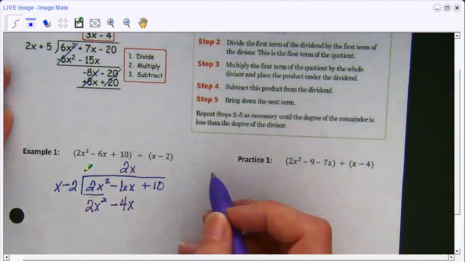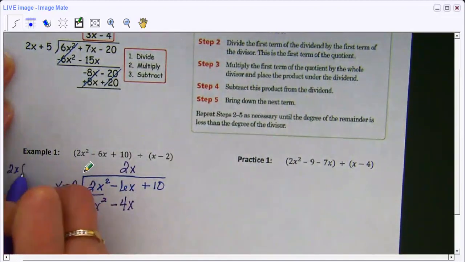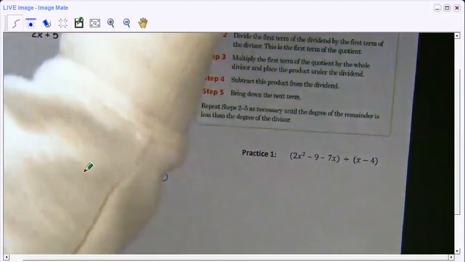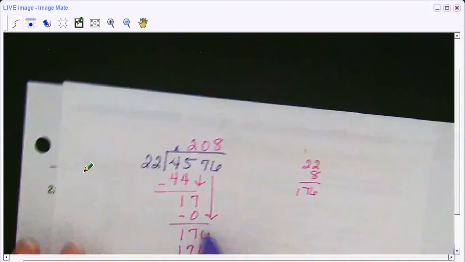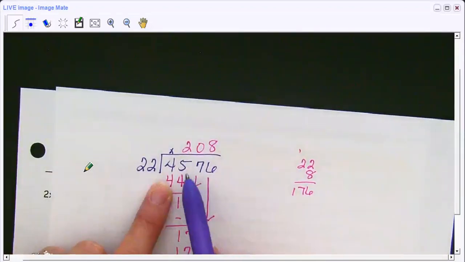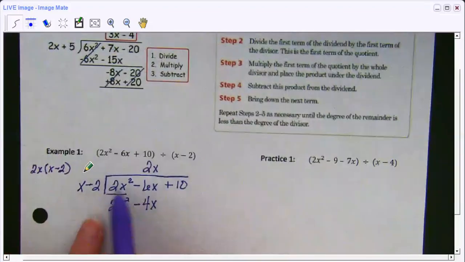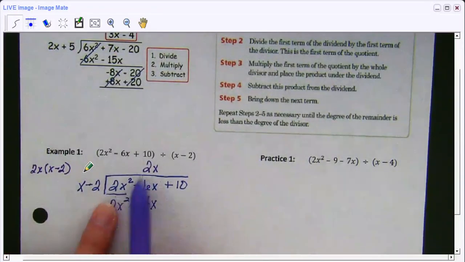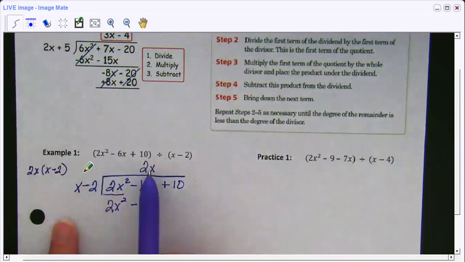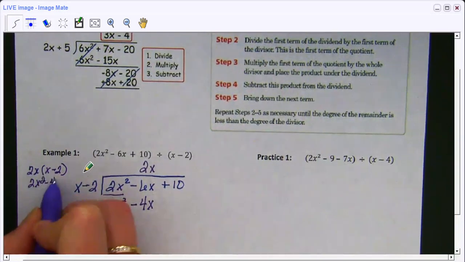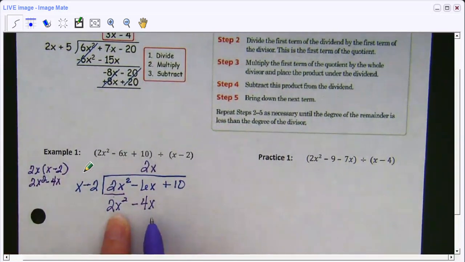Really, what I'm doing is taking 2x times x minus 2. Because look, when we did our long division right here, once we figured out how many times 22 could go into 45, we said it was 2. You had to multiply these two terms to get this down here. So that's what I did here. I said, okay, x can go into 2x squared 2x times, and then I multiply it. So when you multiply this, you get 2x squared minus 4x, and that goes right below this.